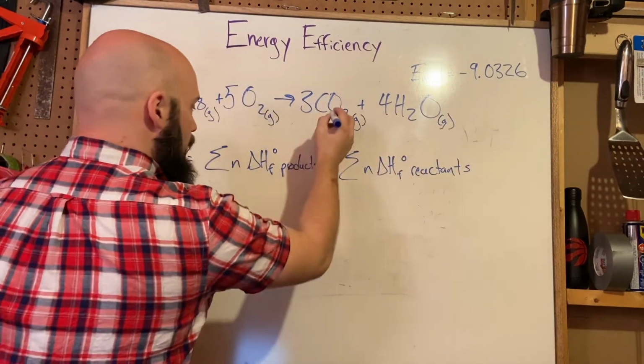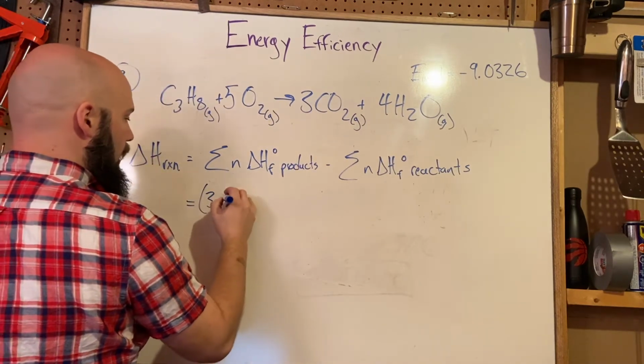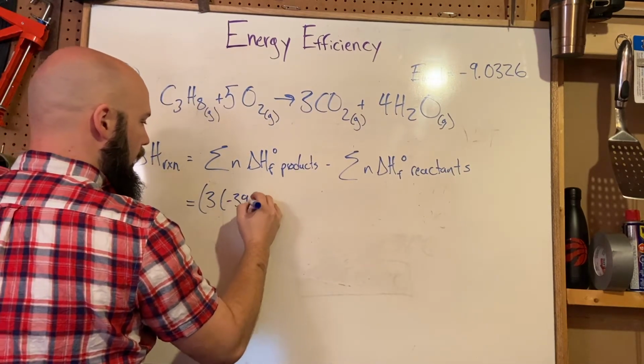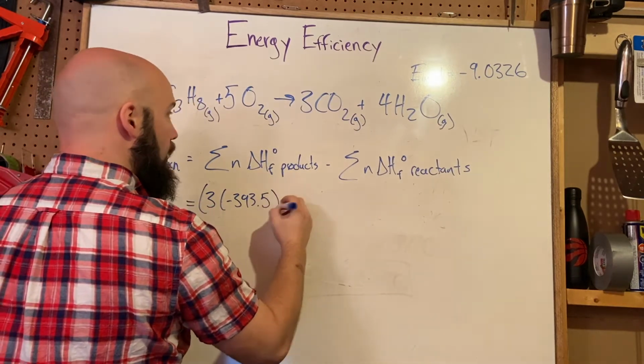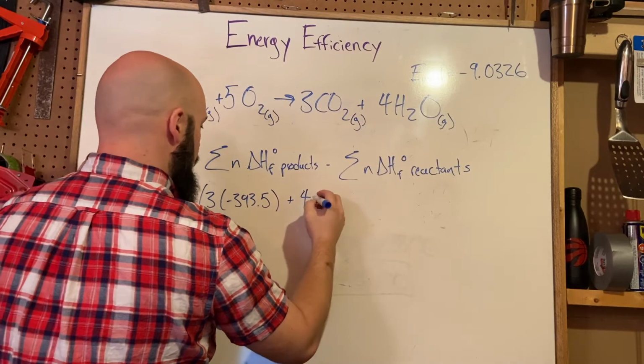Plugging in these values, we have 3 moles of carbon dioxide, which is negative 393.5 kilojoules per mole, plus 4 times water.